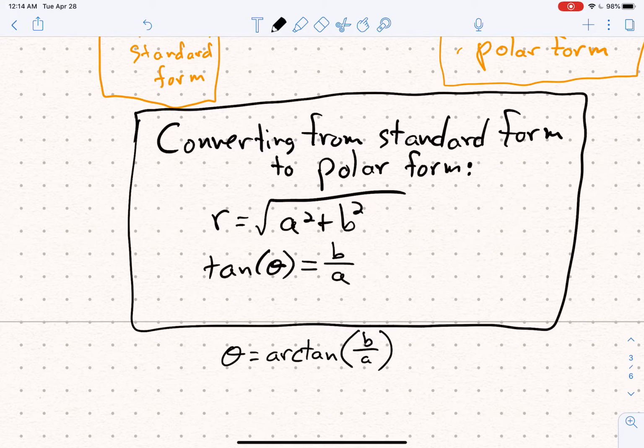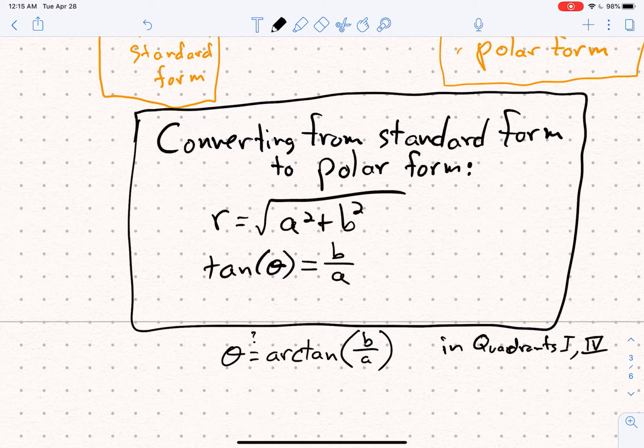And that is almost true. That might be true. I'm going to put a little question mark over it. The only trouble is that the inverse tangent always gives you answers in the first quadrant or the fourth quadrant, quadrants 1 and 4.